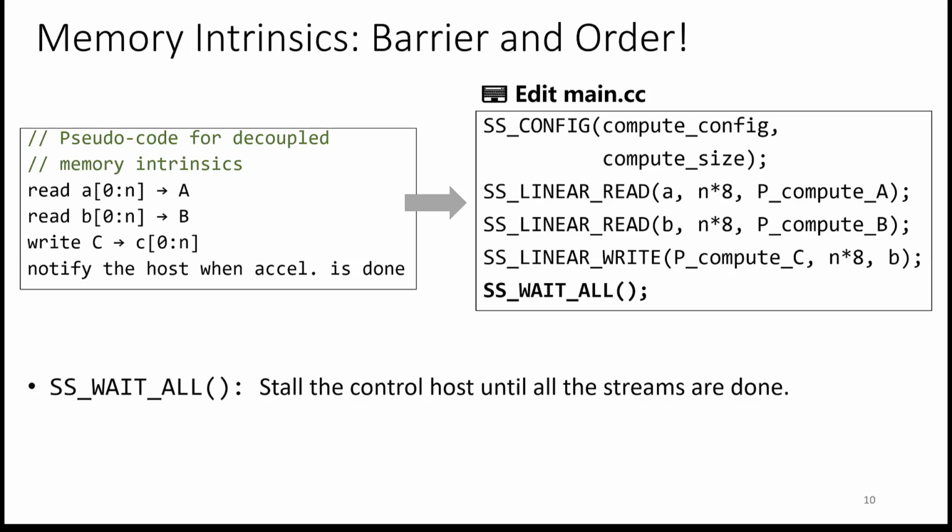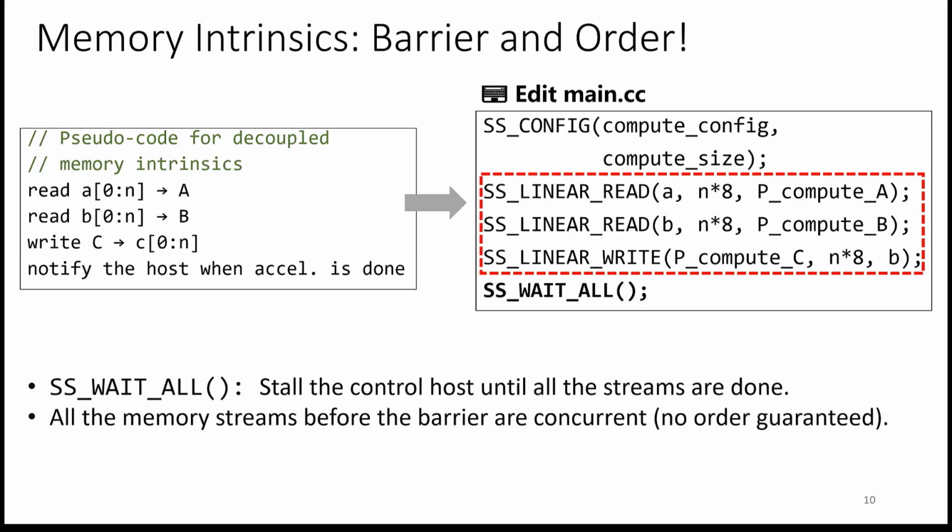Besides this intrinsic, I have two things I want to mention. The first is that all the memory streams before the wait barrier are concurrent. In hardware, they are executed in a round-robin policy, so no order is guaranteed for these memory reads and writes.